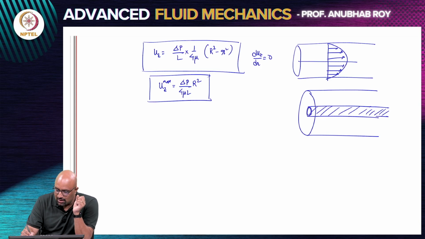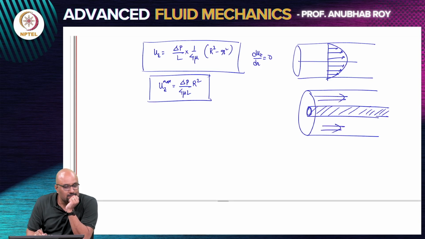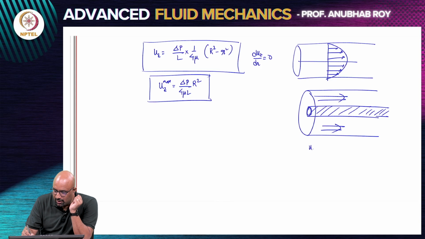So, there is a pipe inside another pipe and you only have flow through the annular region. So, your uz is equal to A plus B log r plus del p by 4 mu L into minus r square.